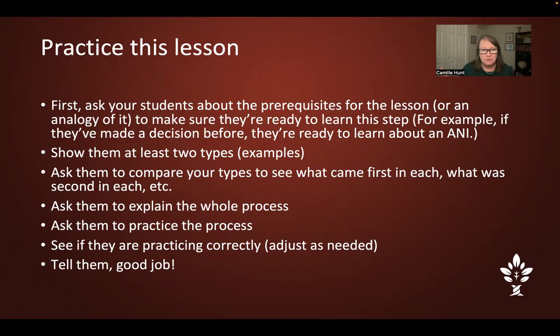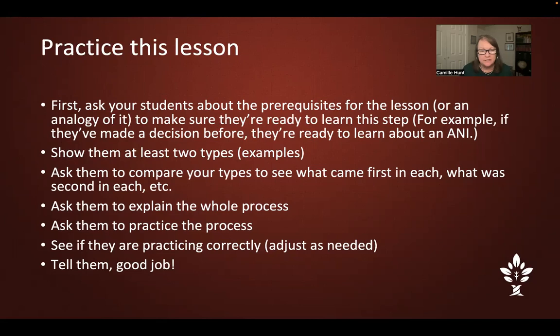So if you know your students are ready for the lesson, we show them at least 2 examples of it. And then we ask them to compare them, to see maybe you ask what came first, what came second. And then if they can start to say, this is like that, that's like that, these are how they're the same, then at some point they'll say, oh, I get it. And then they can tell you the whole thing. Sometimes it's a process, like today. Sometimes it's an idea.